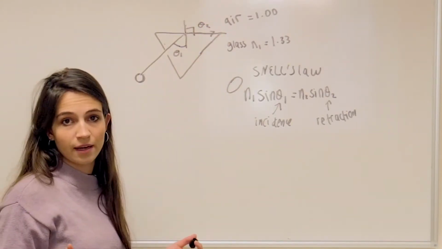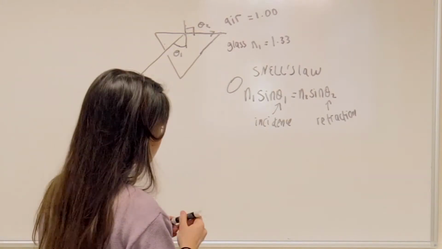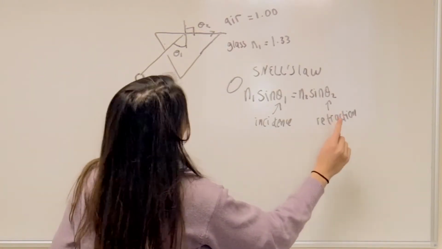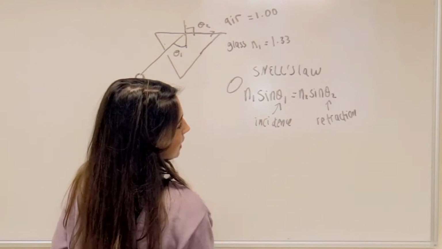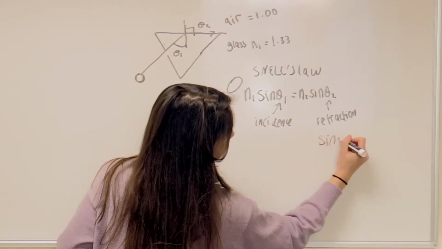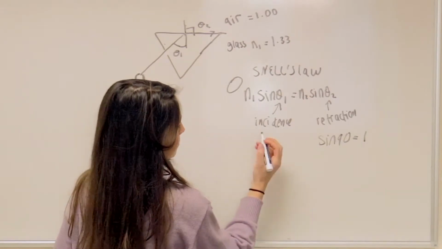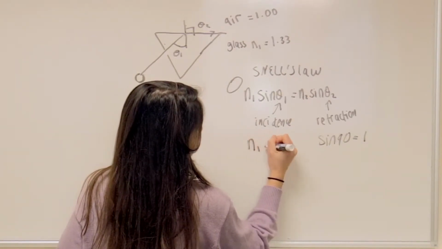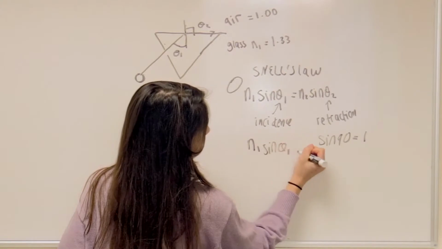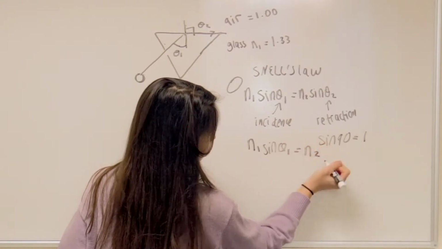So what does that mean in Snell's law's equation? Well, theta 2 is at 90 degrees, and sine of 90 is 1. So this equation now collapses to N1 sine theta 1 equals N2.